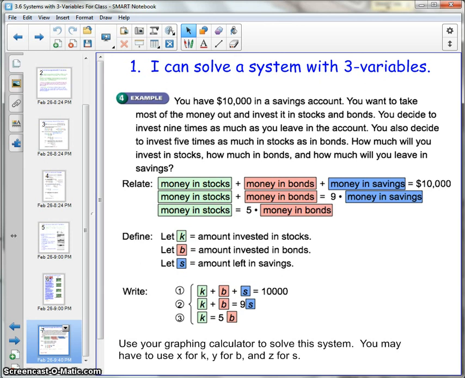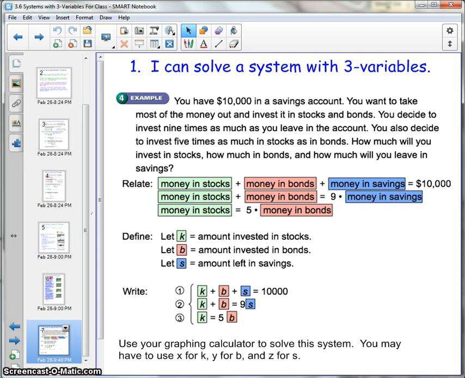We also decide to invest 5 times as much in stocks as in bonds. How much will we invest in stocks, how much in bonds, and how much will we leave in the savings? So we see that we have 3 different spots that the money could go. It could go in our stocks, our bonds, or our savings.